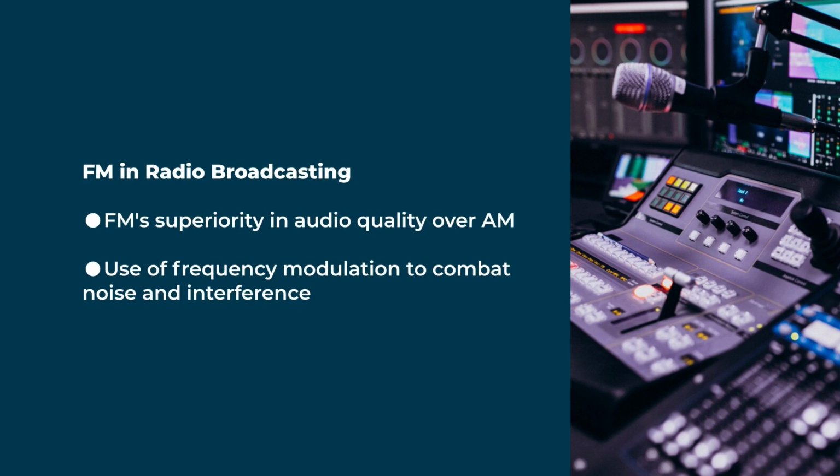In FM broadcasting, the information signal modulates the frequency of the carrier wave, which makes the signal less susceptible to amplitude variations caused by electrical noise, atmospheric conditions, and other forms of interference. This results in a much clearer and more consistent audio quality, which is why FM is the standard for music and voice broadcast.